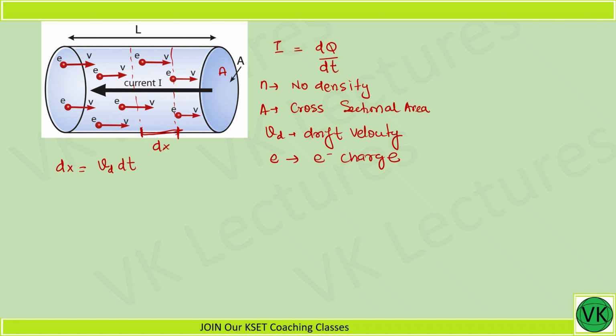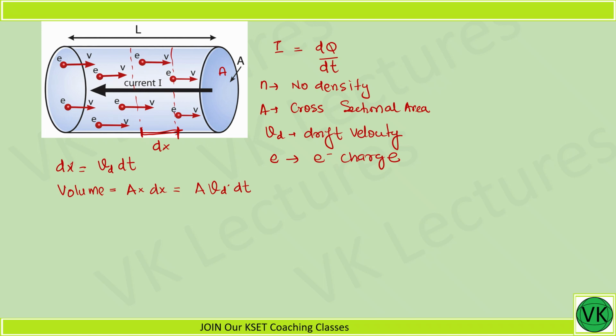Velocity into time is nothing but the distance, that is dx. Now area also we have, so volume is equal to area into dx, that is A vd dt. Now this is the volume.